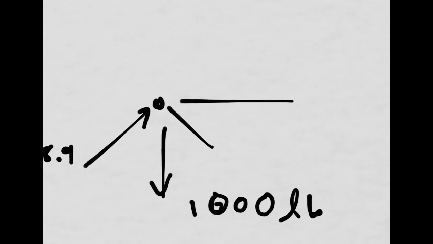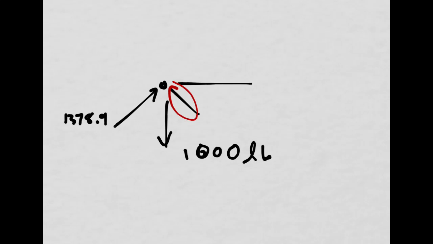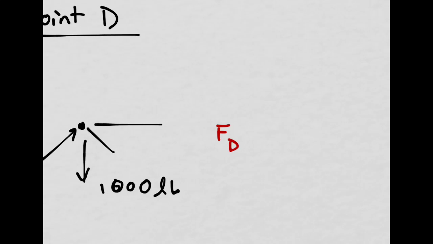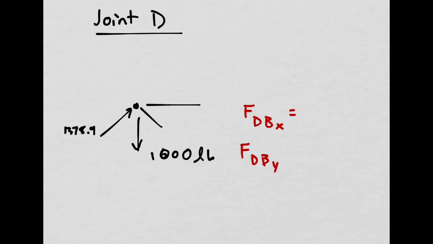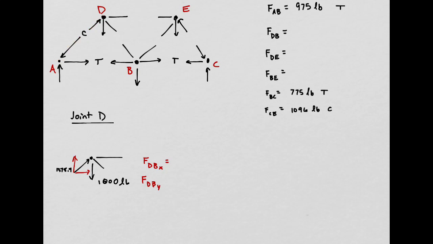I don't know which way this one points, or the other one, but let's see here. I know that this has an x and a y component. What is that? That's the force within DB. So F_DB,x, there's an x component, and F_DB,y. Now I also know that I have component forces for AD, right?